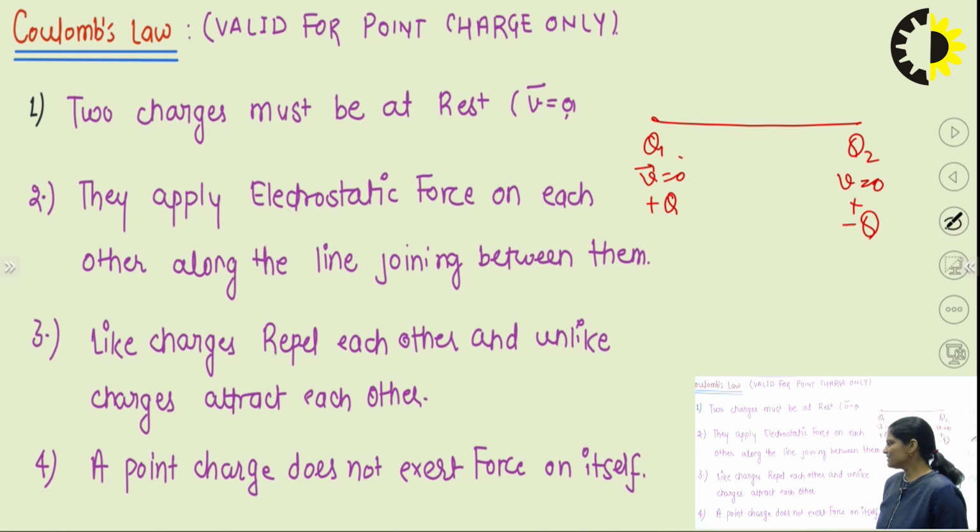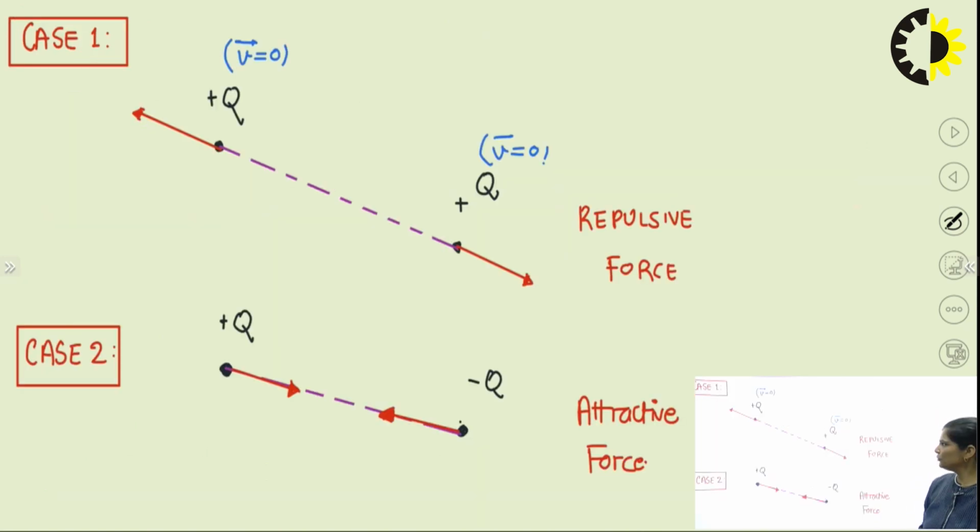The next point is that a point charge does not exert force on itself. You should remember these points in Coulomb's law. In the first case you have plus Q and plus Q, both charges are the same, so there is a repulsive force. If the charges are unlike, there is an attractive force.